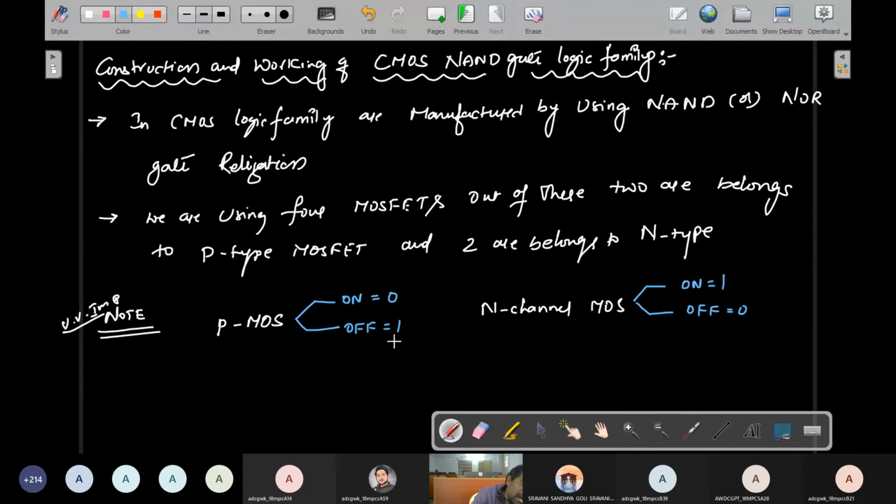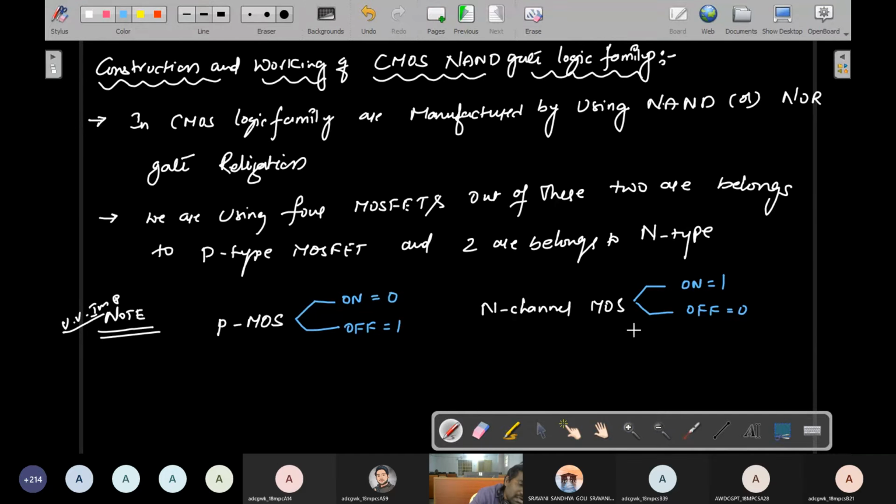If you give a high digital value to this PMOS, then PMOS is deactivated. So if you give a high value, it is deactivated. If you give a low value, it is activated.